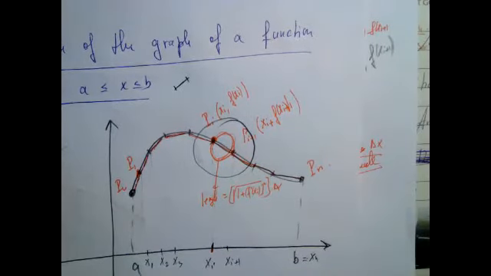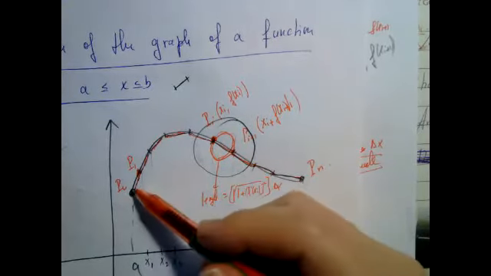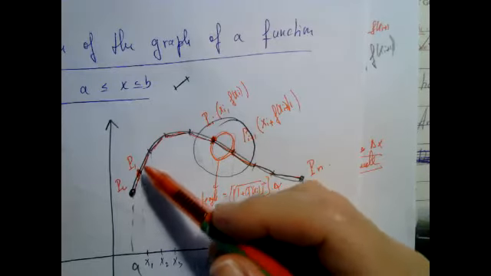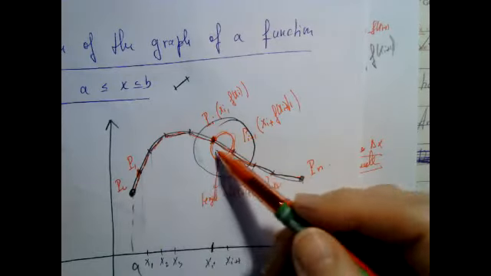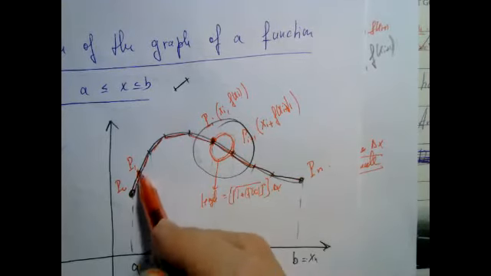Now, the length of the whole arc is approximated by the sum of the lengths of those line segments.